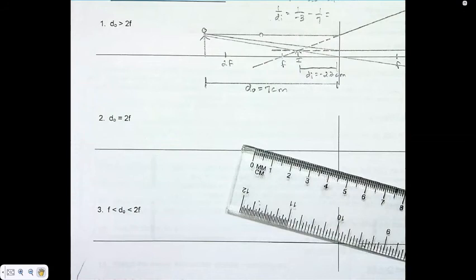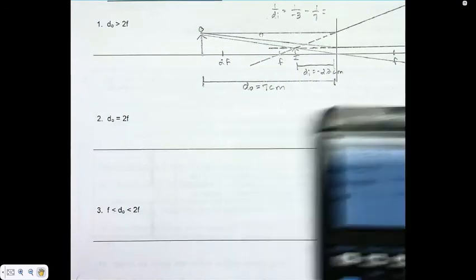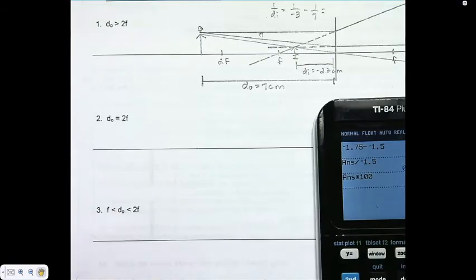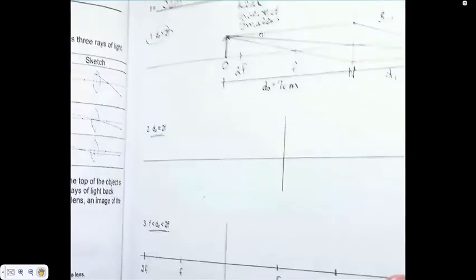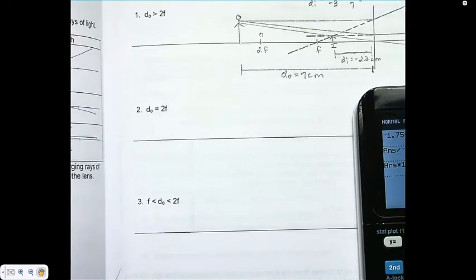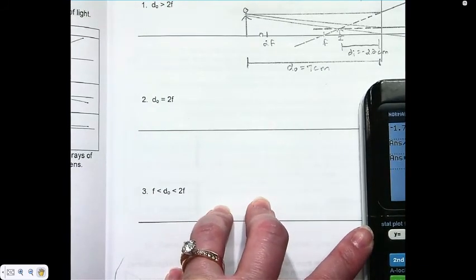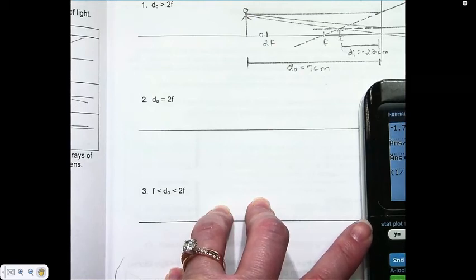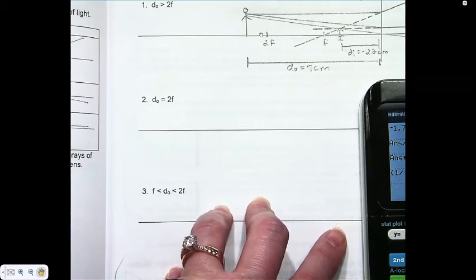When I plug that into my calculator, 1 over negative 3 minus 1 over 7 gives me negative 0.476, and that's equal to 1 over di.